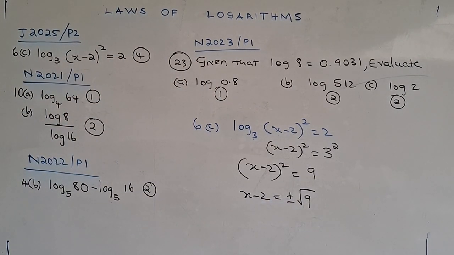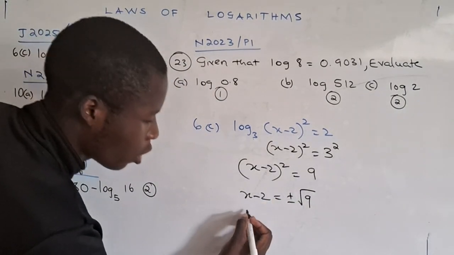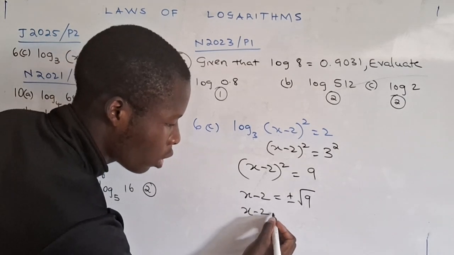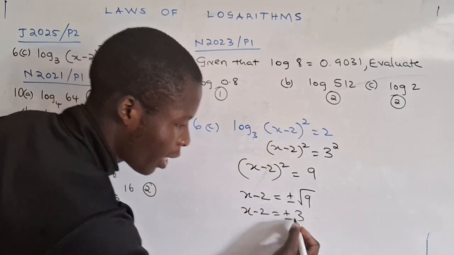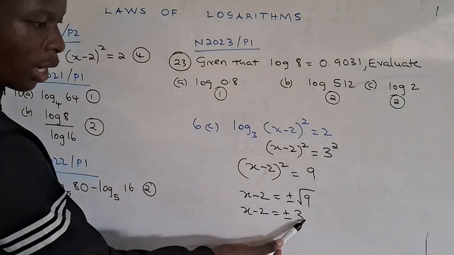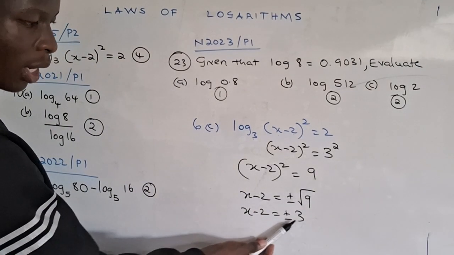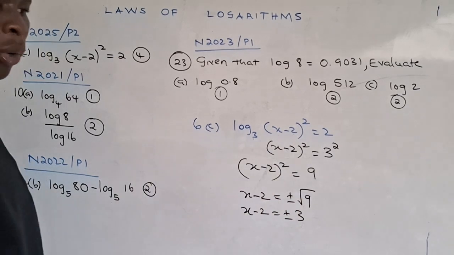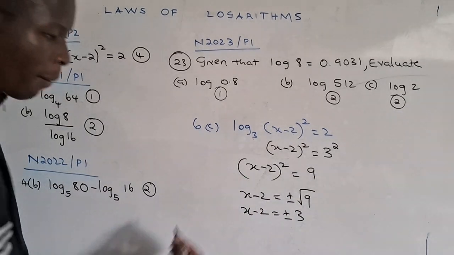The square root of 9 can be plus or minus, so x minus 2 is equal to plus or minus 3. Here we are. If you say 3 times 3, you are going to get a 9. If you say negative 3 times negative 3, you are going to get a 9.